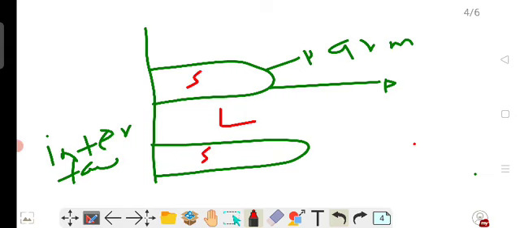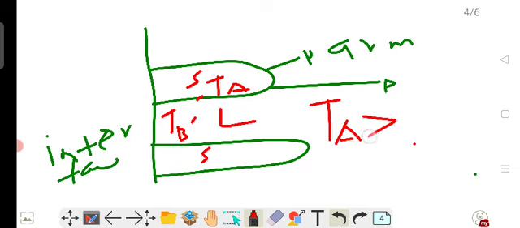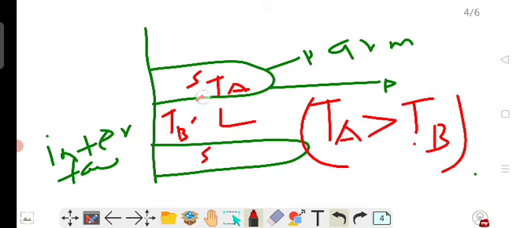Suppose the temperature at this point is TA, and in the liquid region the temperature is TB, and TA is always greater than TB, because at the solid the temperature is extracted from this liquid region, so TA is always greater than TB.